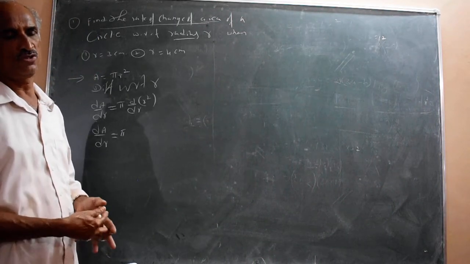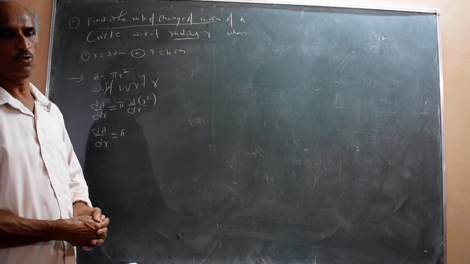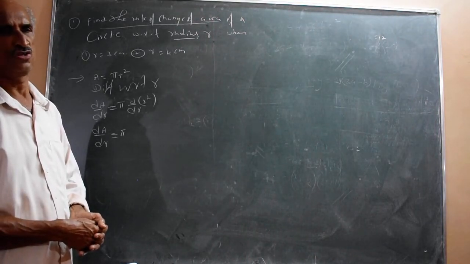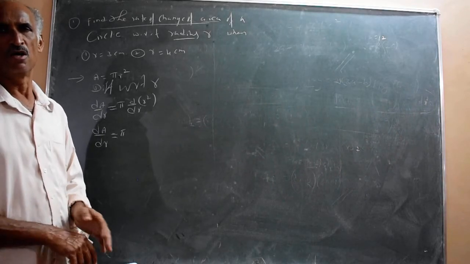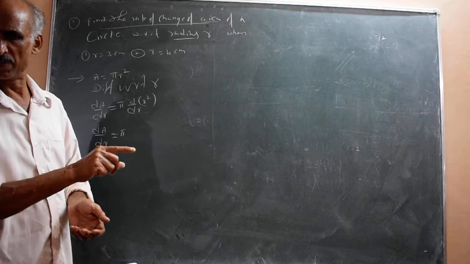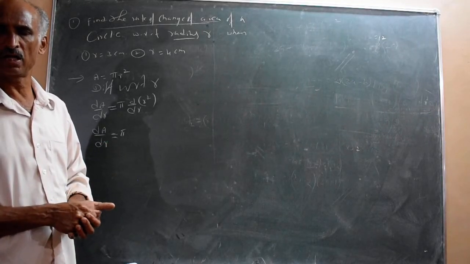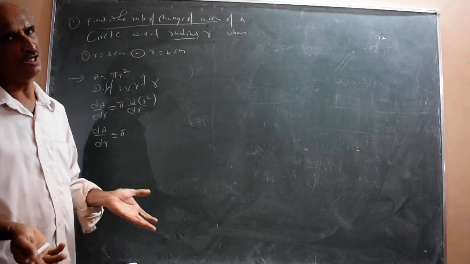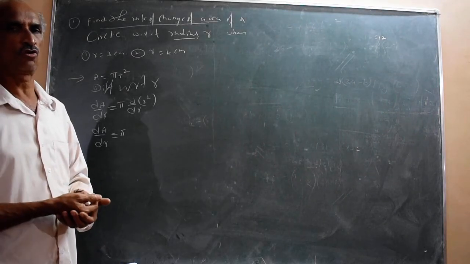I told you in the beginning only. In simple differentiation, A, B, C, D, E, F up to Q are constants, but here it is an application of differentiation. So these A, B, C, D are not the constants. Suppose B represents the breadth of a rectangle. When the rectangle is under changing mode, the dimension changes, the breadth changes automatically. Breadth is not constant.